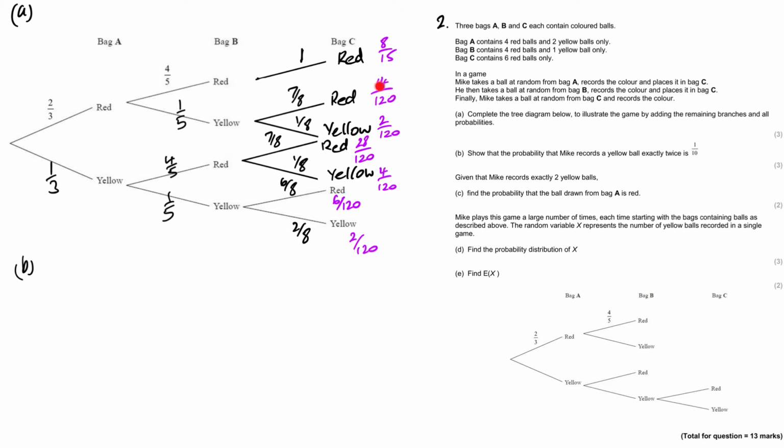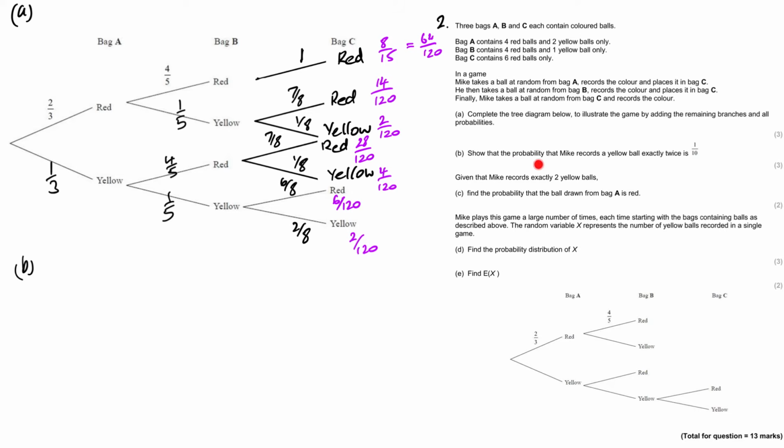And checking all these out, you can add them all up. This end one is equivalent to 64 over 120. But if you add these up, 64, 14, 2, 28, 4, 6 and 2, you total 120. So you know I've done it right. Now that can make my life a bit easier sometimes when I'm looking at later ones.